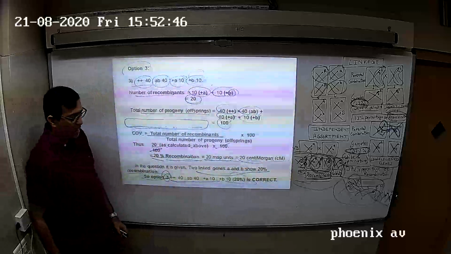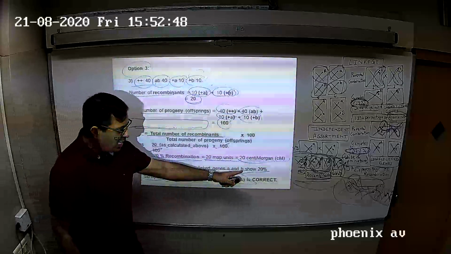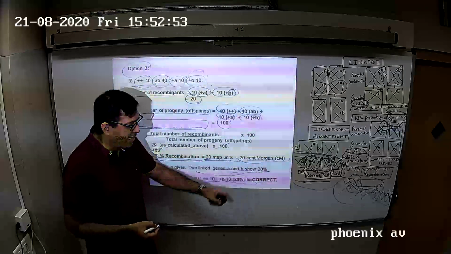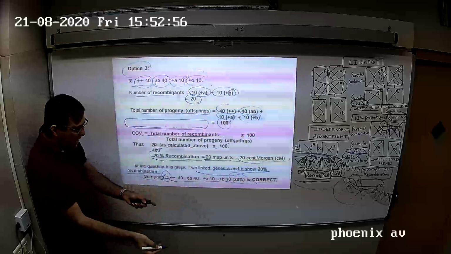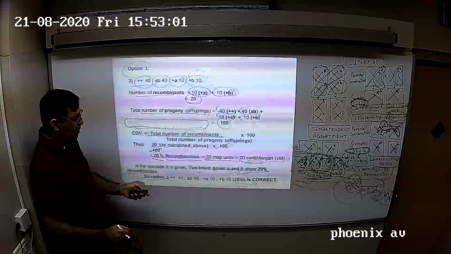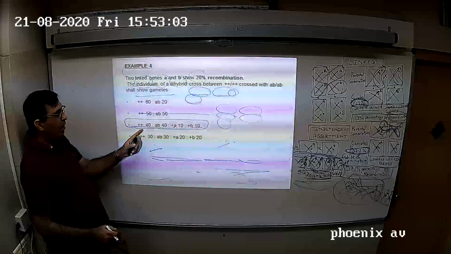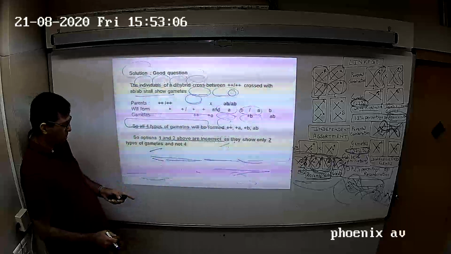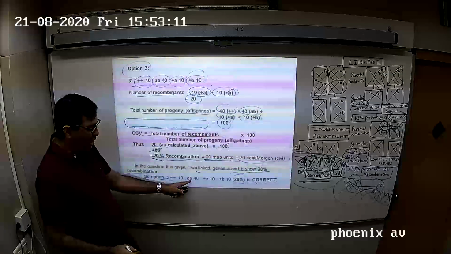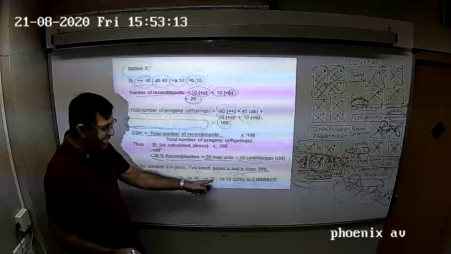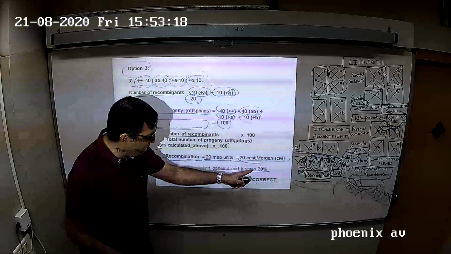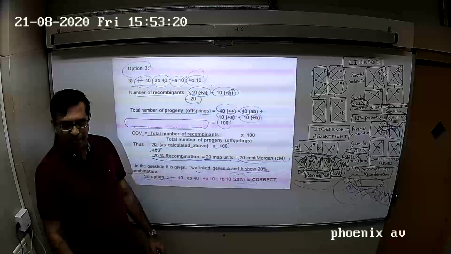Genes showing 20% recombination, उनके gametes कौन से बनेंगे? उनके gametes बनेंगे plus plus 40, small a small b 40, plus a 10, plus b 10, showing 20% recombination between gene A and gene B.